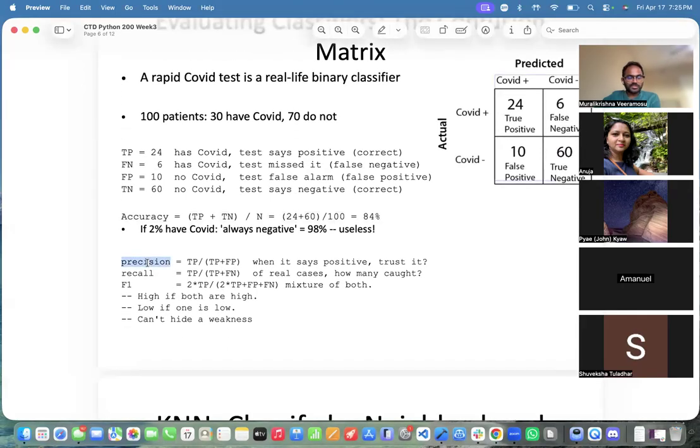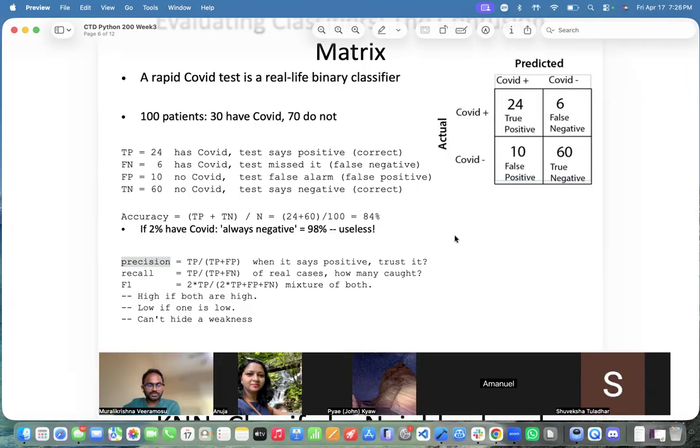And there is precision, one other parameter to evaluate the model. So precision: when the model says positive, do we really trust it? That is what is determined by precision, right?